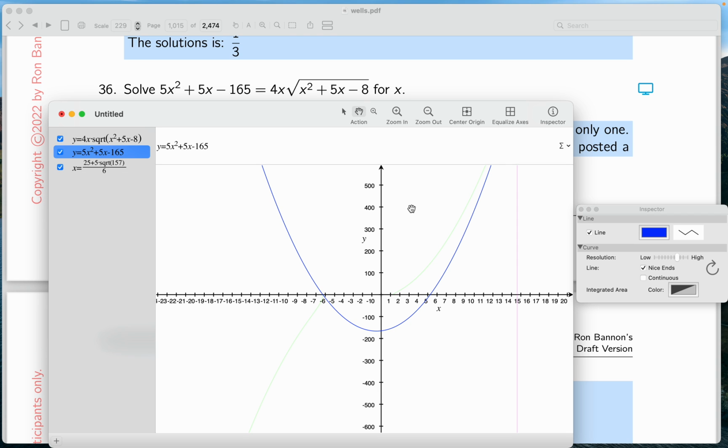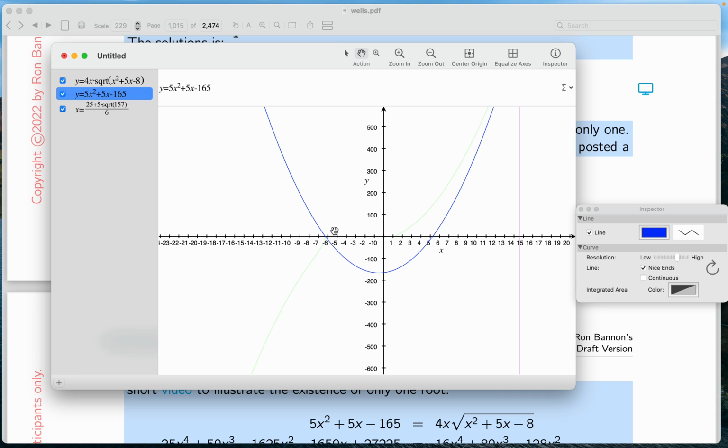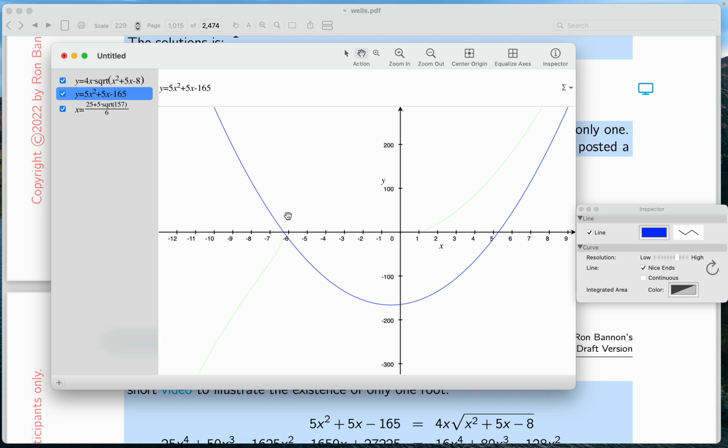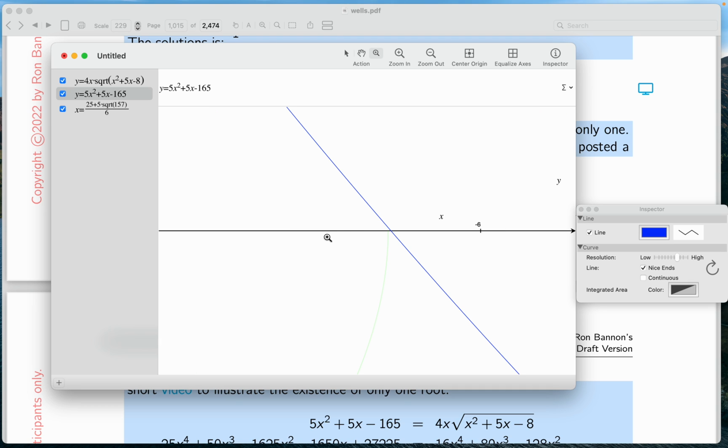Now, I realize some students are going to say, oh, it intersects over here. And let me just show you that it doesn't intersect there. So what I'm going to do is zoom into that region over here. I know it's really hard to see that.